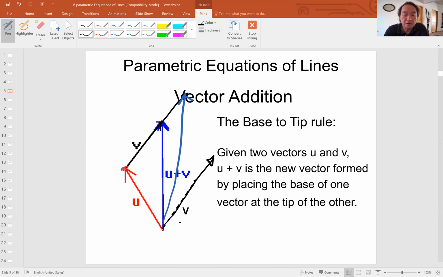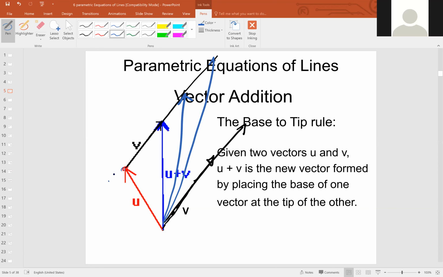If I stretch it even longer, I will just get another vector on this line. That's how we're going to use this geometry to obtain the equation for a line in vector form.